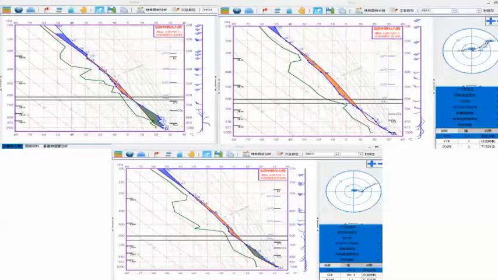The 0 to 6 kilometer shear is 12 meters per second. The CAP is weaker than before, and the deep vertical wind shear is not high, which led us to assume that a thermal thunderstorm may not be expected.